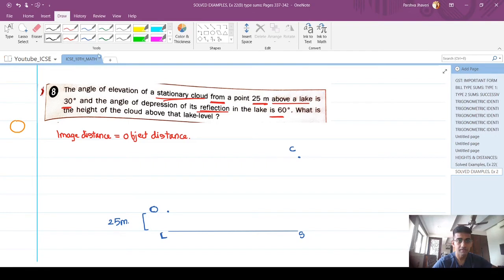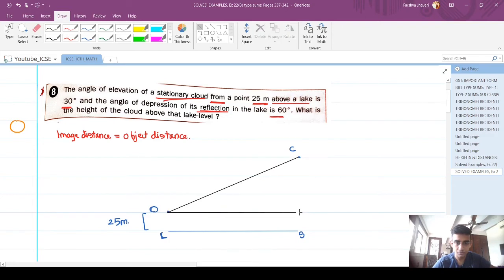Now I'll switch colors, make it normal black. Always draw a horizontal line from the observer so you know what your reference is. They've said this angle of elevation is 30 degrees. Now, imagine that this lake surface is like a mirror.